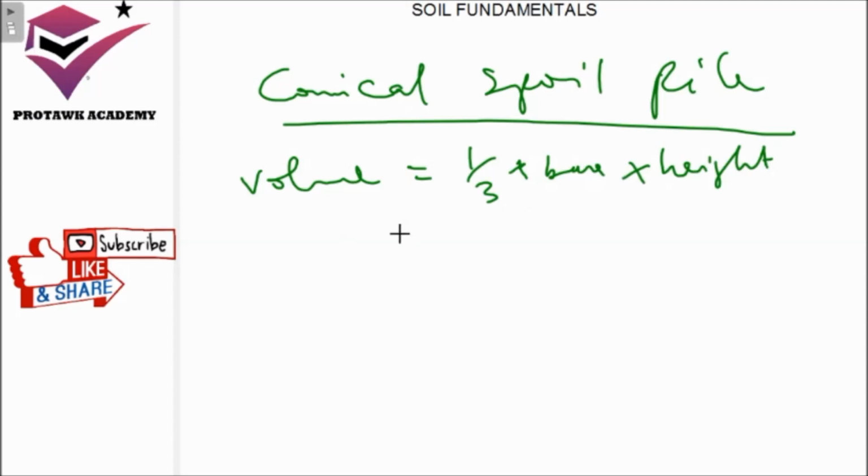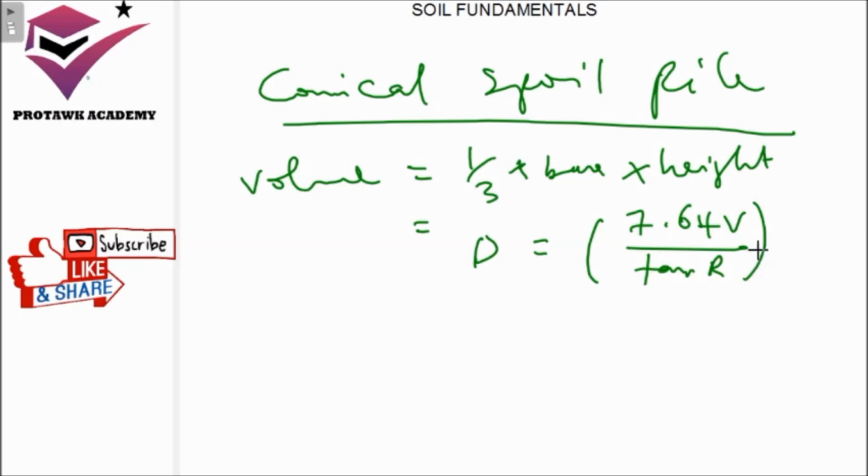So with this, using the formula, D is equal to 7.64 (V over tan R)^(1/3), where R is the angle of repose.